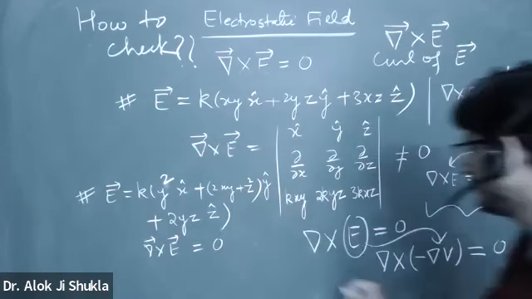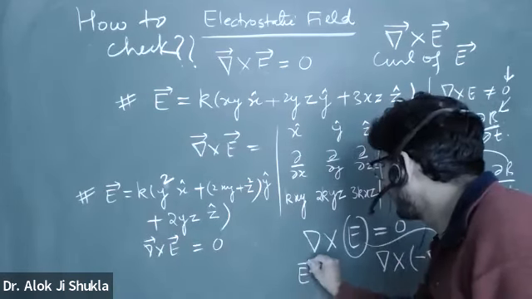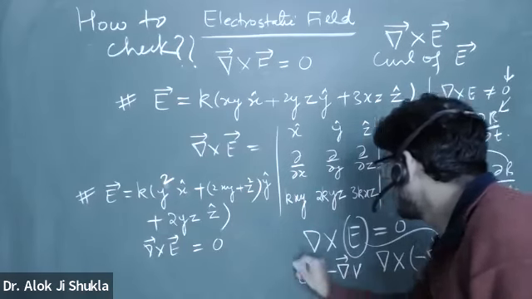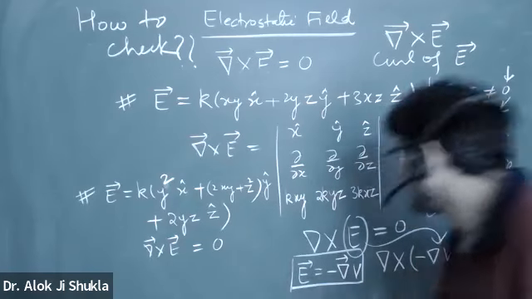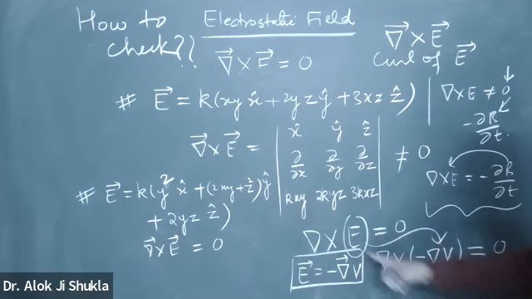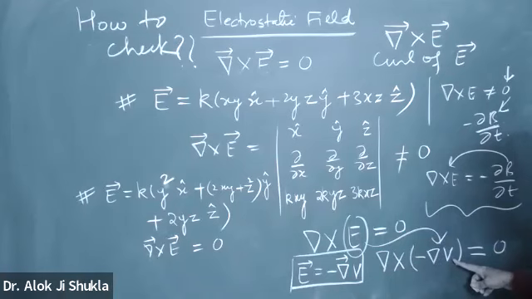So later on you will understand that for electrostatic field you can write a potential V such that E is equal to minus grad of V, only for electrostatic field. Seeing that curl of E is 0, I can write E as some grad of V, because curl of grad of V is always 0.